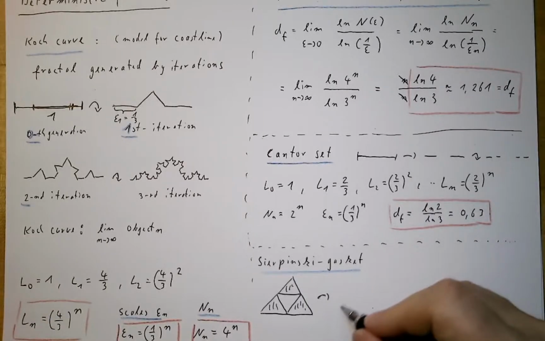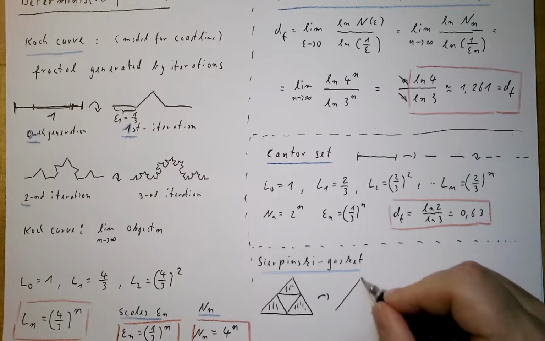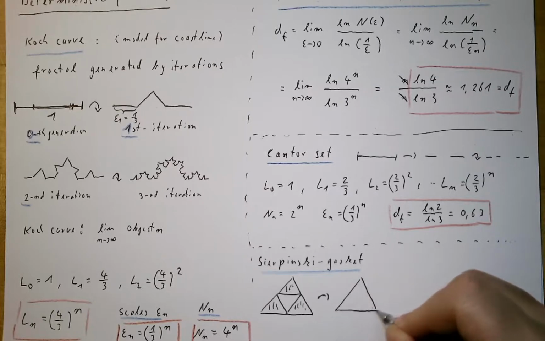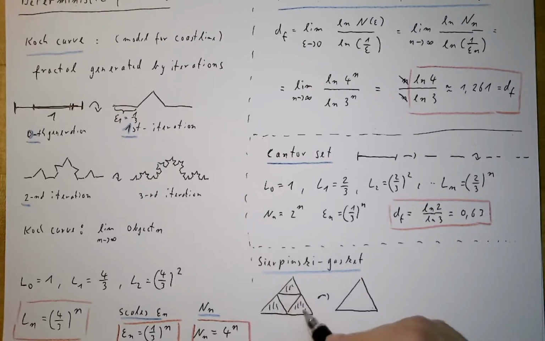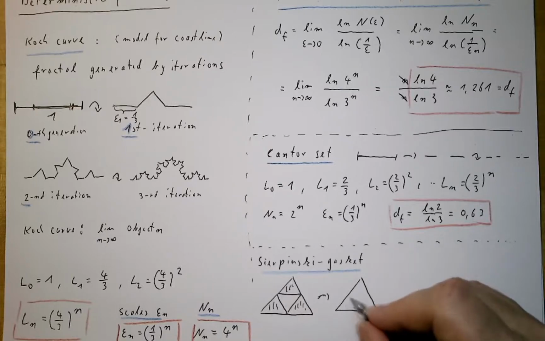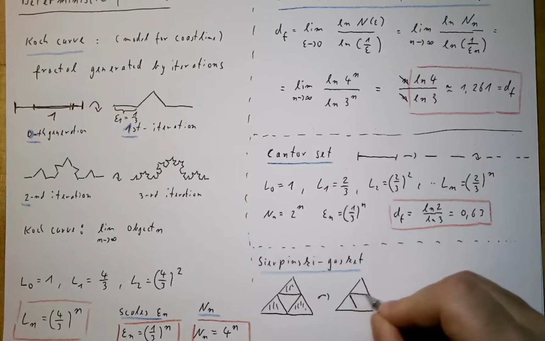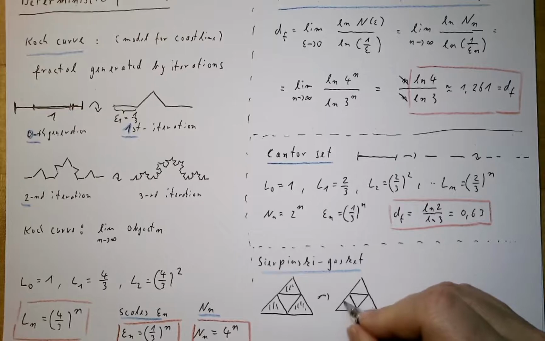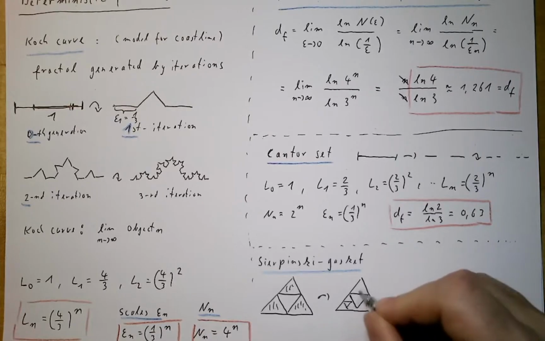And in the second iteration, we take again every one of the 3 remaining triangles and divide this again into smaller ones.